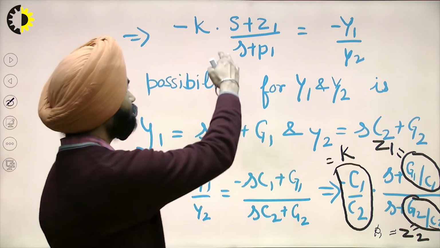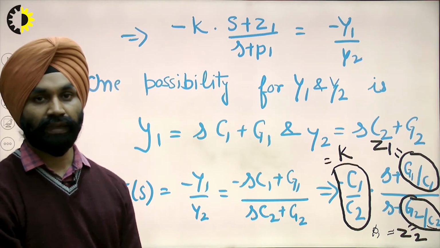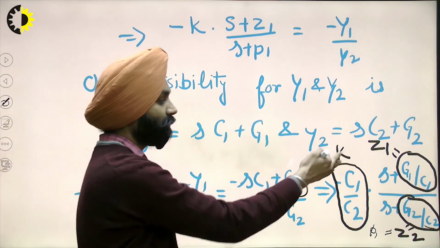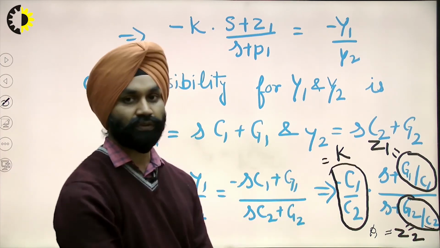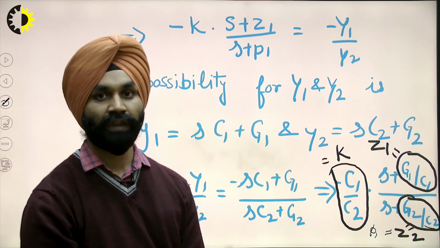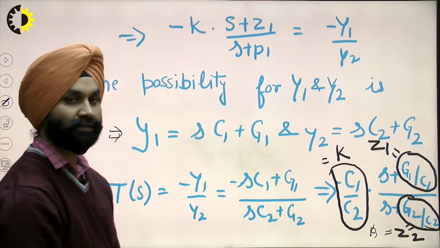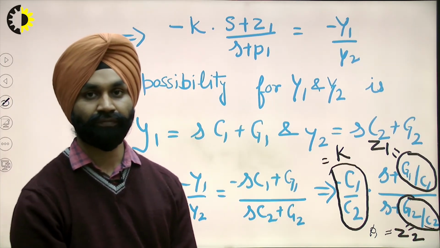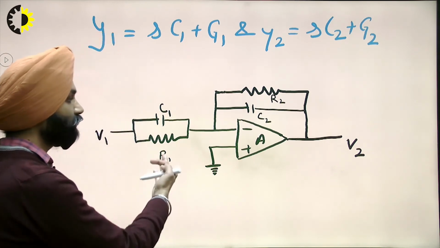So if we compare, K can be given by C1 by C2, the zero can be given by G1 upon C1, and the pole can be given by G2 upon C2. Now we have two equations, for Y1 and Y2. Now these can be implemented using this circuit.